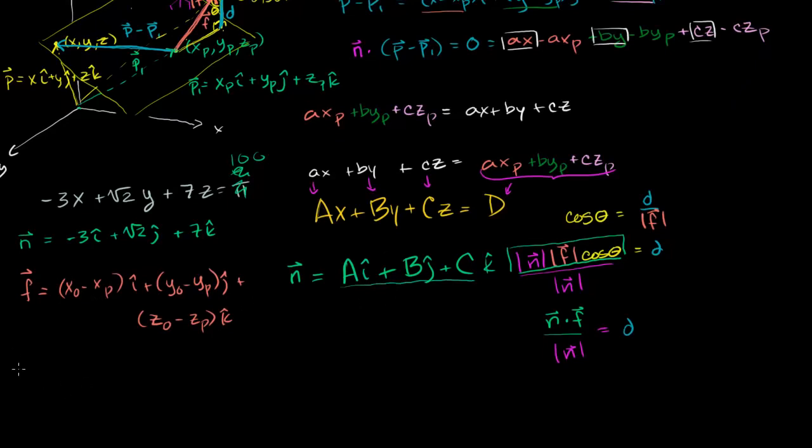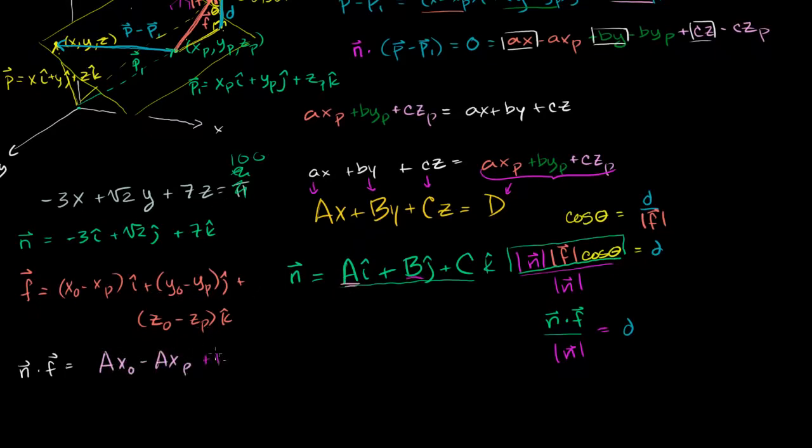So n dot f is going to be equal to a times x naught minus xp. So it'll be a x naught minus a xp, and then plus b times the y component here.